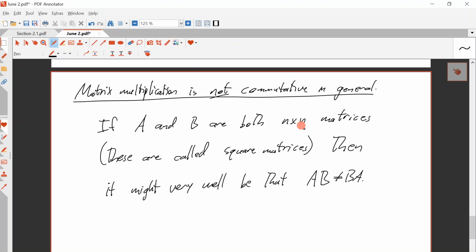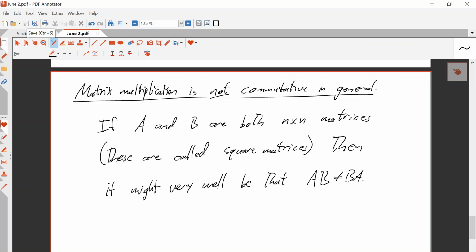They both have to be square in order for both of these to be defined, right? When you take n by n times n by n, these have to match up. So I can't do something like 3 by 2 and 2 by 4 and then switch them around. They have to be square matrices. Unless it's something like 3 by 2 and 2 by 3. In that case, you can do it as well. But typically, it's used with square matrices. If they're different sizes, they're not going to be the same.